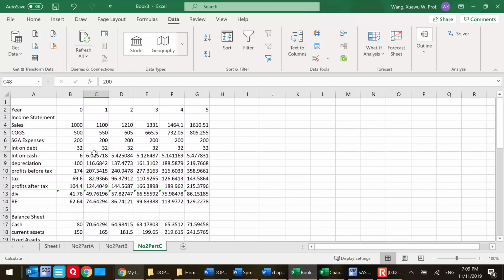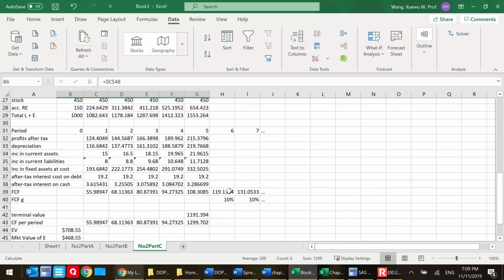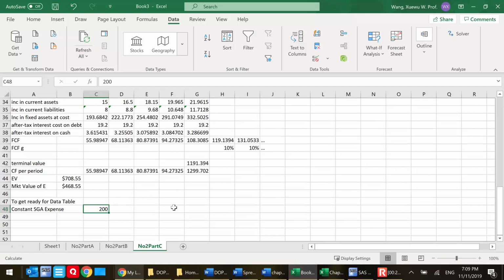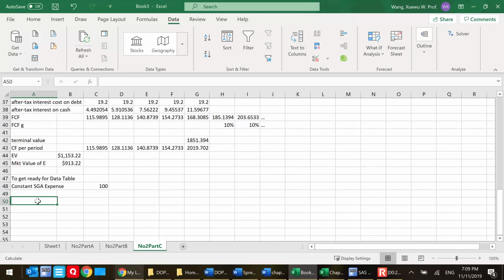I'm going to scroll up and replace this constant with C48, and lock this down so that I can copy this across for all the other years. Now let's see, there's a link. What if I change it to 100? If I change this to 100, yes, all the numbers change. So that's good. There's a link.